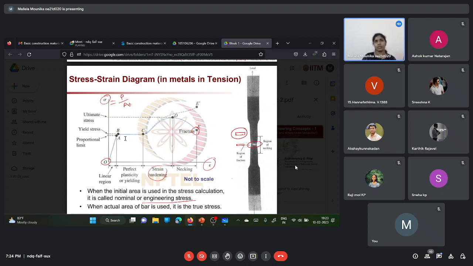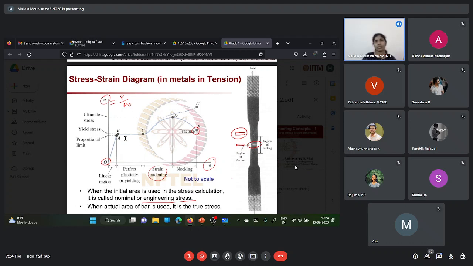Suppose you take a bar and apply some axial load in both the directions, then what will happen to this particular bar? Then it will get elongated, right? So the dimensions are getting changed here.